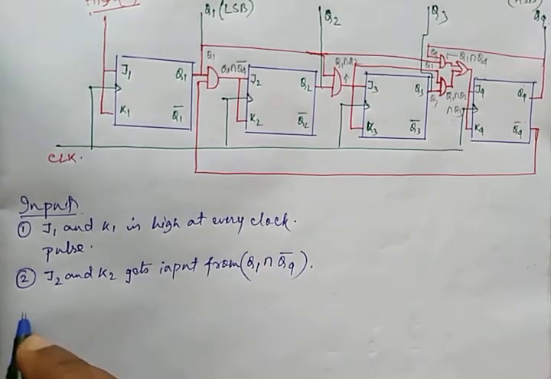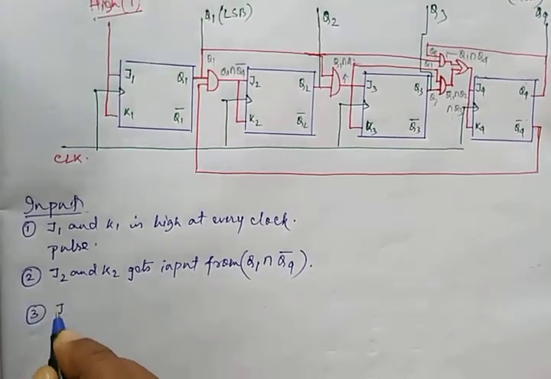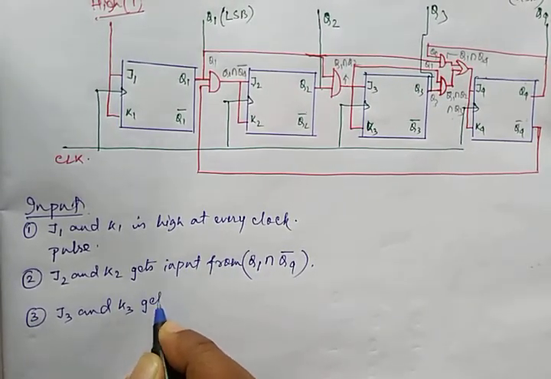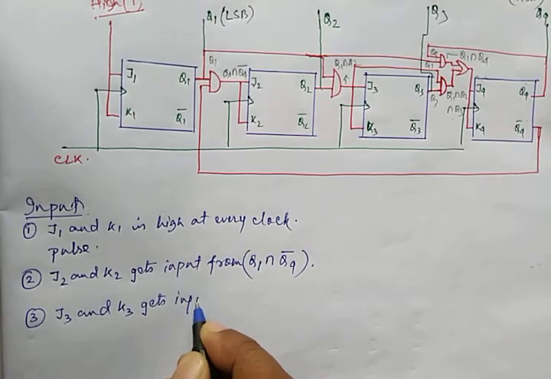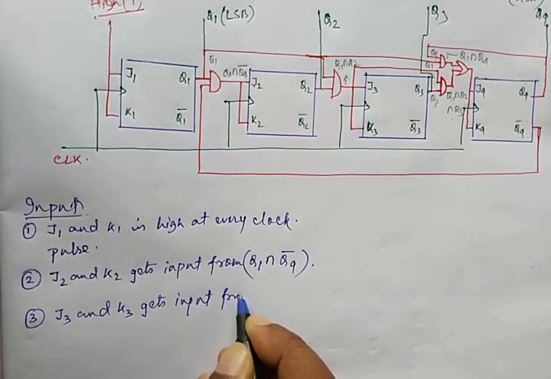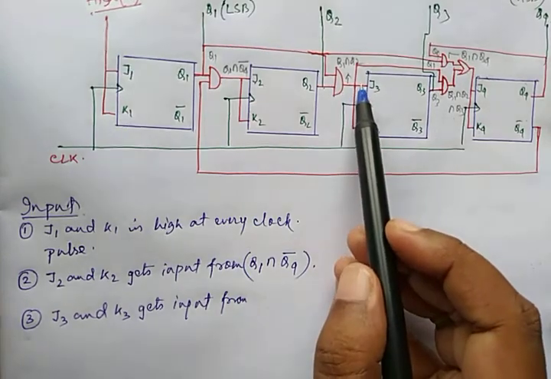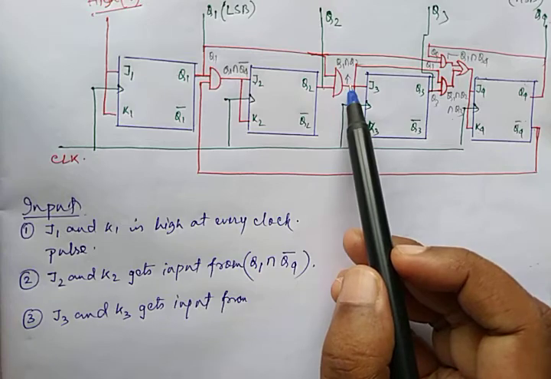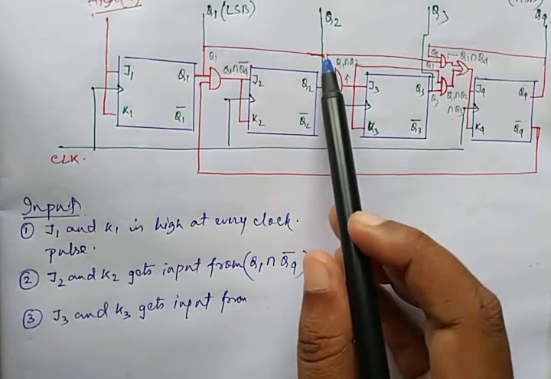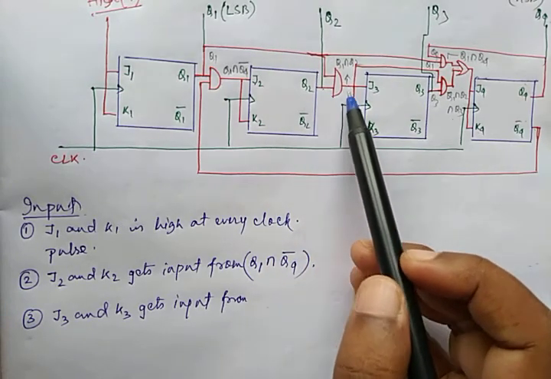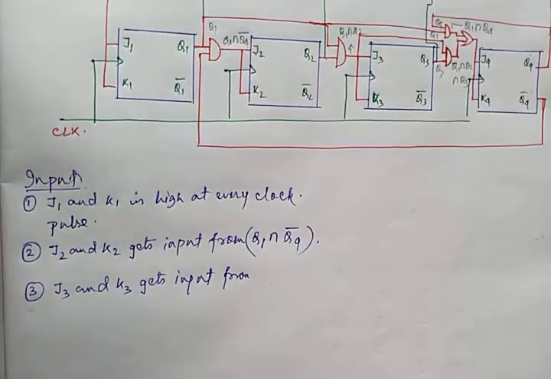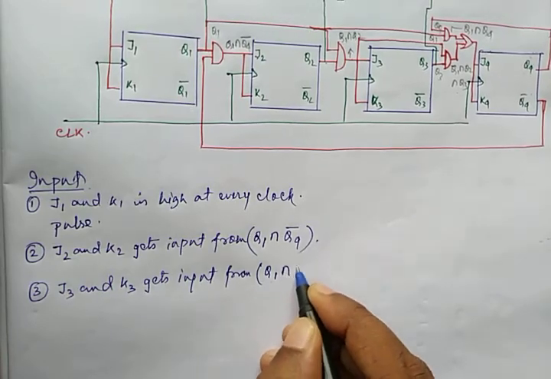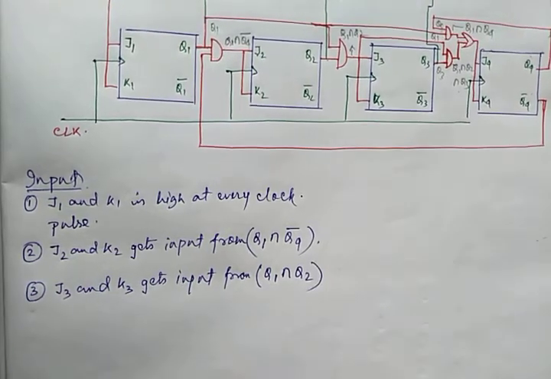And number 3, J3 and K3 get input from Q1 and Q2 AND operation.